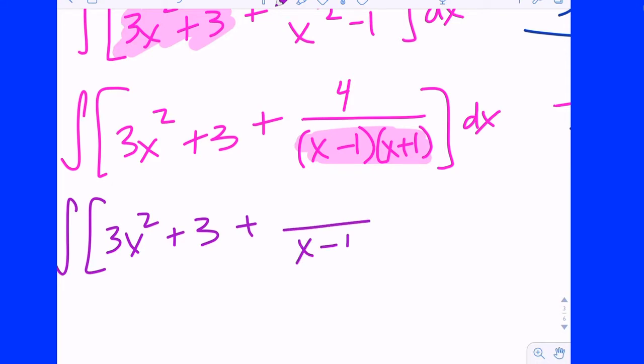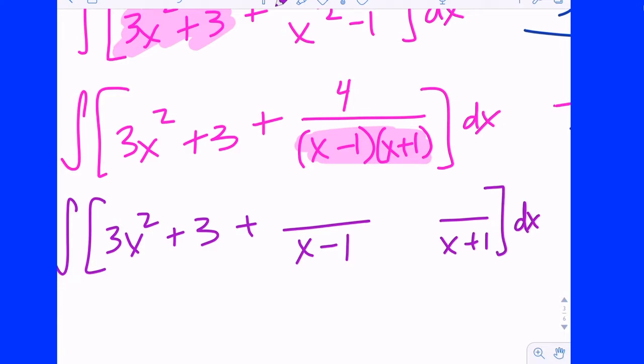What's going to happen, though, is I'm going to create a separate term for each non-repeating linear factor. I'm going to leave the numerators blank, and I'm going to leave the sign in between them blank, because that's going to be determined by what I plug in. So if I choose to embrace the 4, which I am, he'll become part of my calculation.